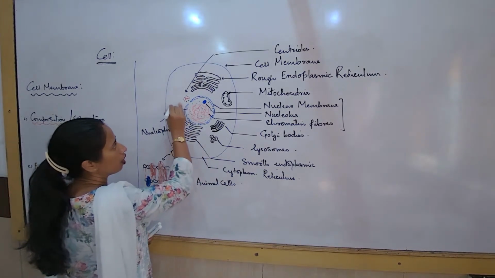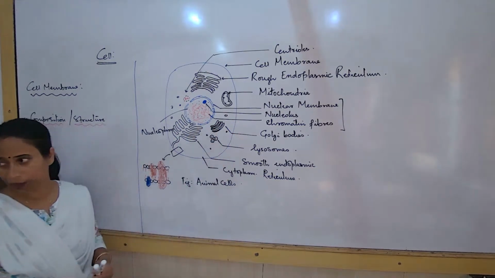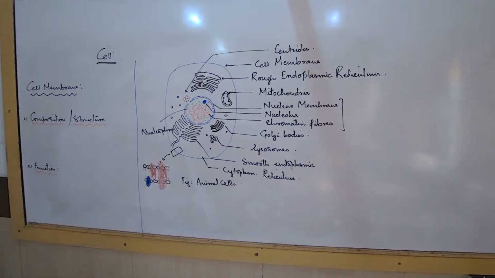In many animal cells, vacuoles are altogether absent, and only certain animal cells have them. So vacuoles become optional. We can draw them, or not, not a problem. But these are the important organelles that you have to show.